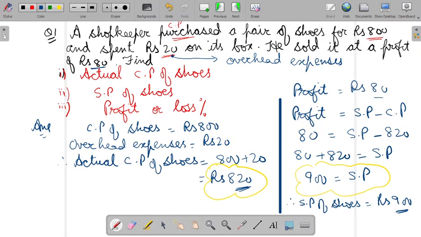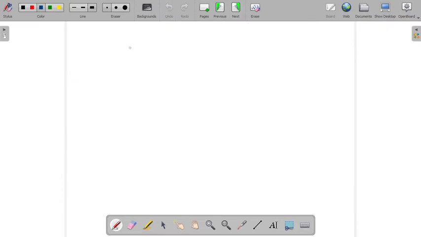Since it is a profit of 80 rupees, we will take the profit percent formula. The profit percent formula is profit upon CP multiply 100.